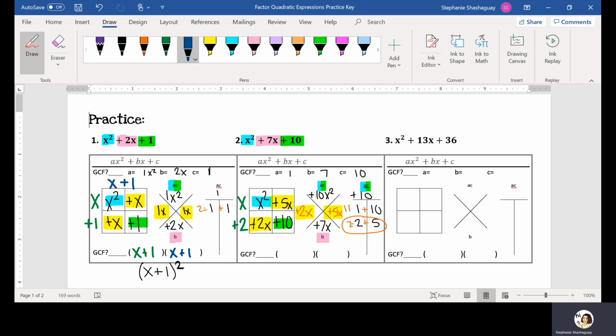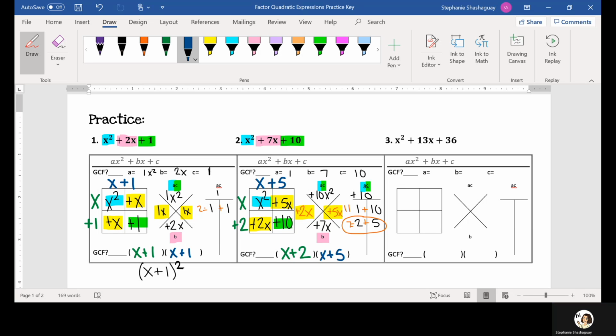Now looking at my columns, x squared plus 2x, I'm going to factor out an x, and a positive 5x and a positive 10, I can factor out a 5. So I'm left with, as my factored pair, x plus 2 and x plus 5. Because multiplication is a commutative property, it does not matter which order I put them in. I can do x plus 5 first or x plus 2. Both of them would give me the same answer.